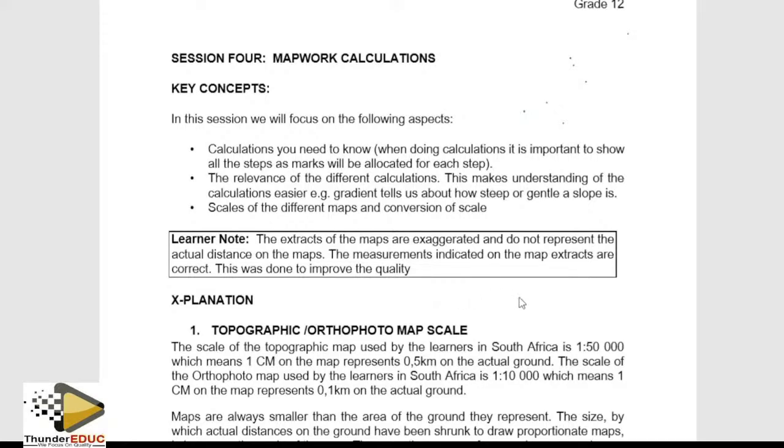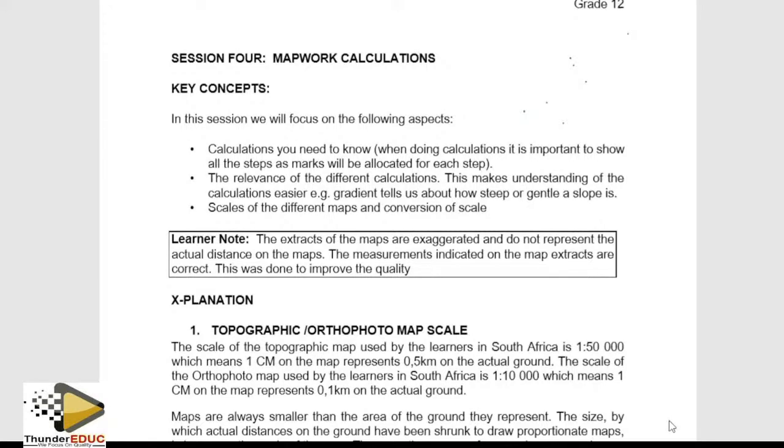All right. If you look at the orthophoto map, it has 1 to 10,000 as the scale. So if it's 1 to 10,000 as the scale, that means 1 centimeter on the map represents 0.1 kilometer on the ground. That is in terms of kilometers.